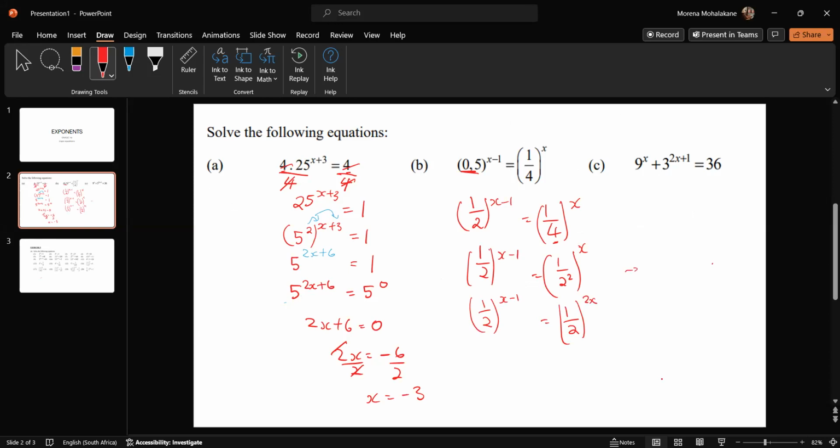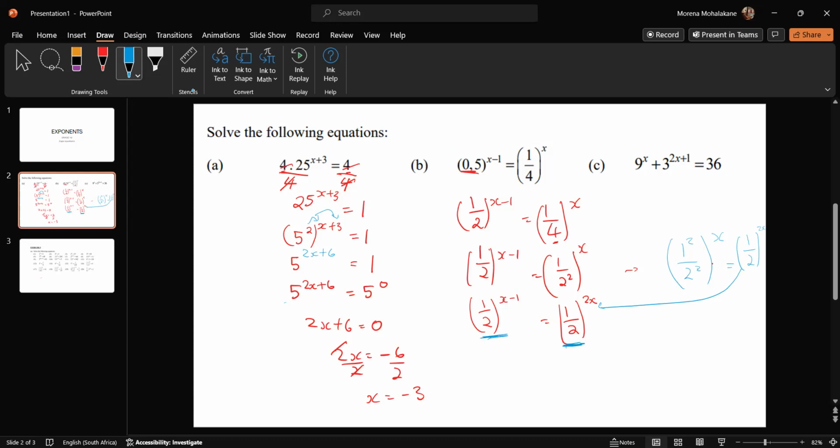Because it's like 1 squared over 2 squared, which is equal to x. So this is why it's 1 over 2. I factor out the 2, it comes this side, then it becomes 2x. So now the powers have the same base, which is 1 over 2.